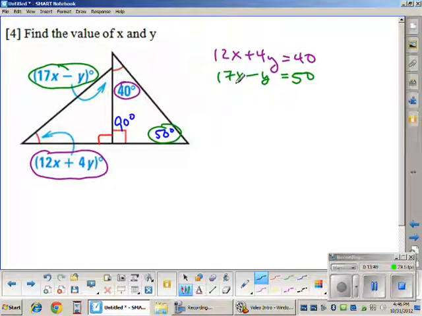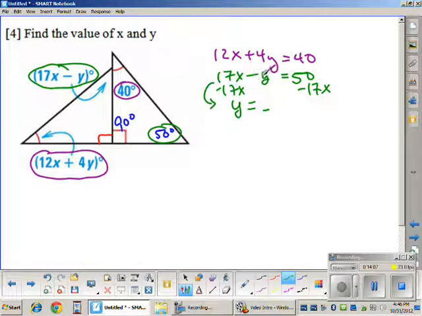So I'm going to rewrite this green equation and solve for y. I'm going to accomplish that by subtracting 17x from both sides, and then multiplying the entire thing by -1. So I should end up with 50 minus 17x, but indeed, when I multiply everything by -1 to get rid of this negative and make it a positive y, I'll end up with -50 plus 17x. That gives me something substitutable.